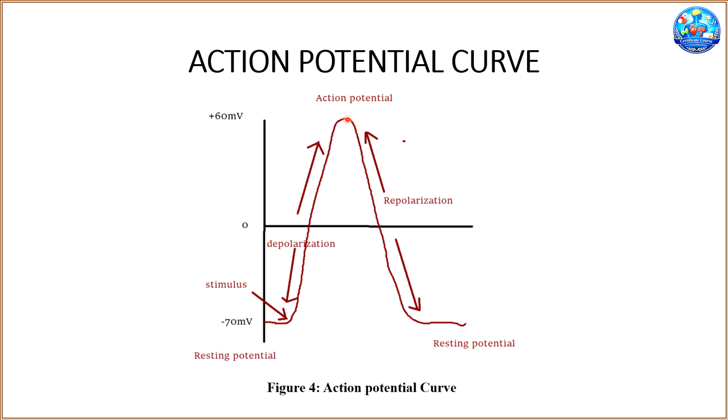This restores the resting potential to minus 70 millivolts. The graphical representation of the changes taking place, we call the action potential curve.